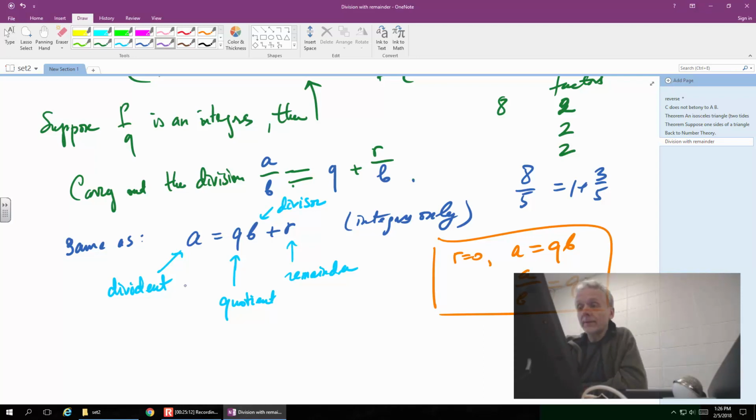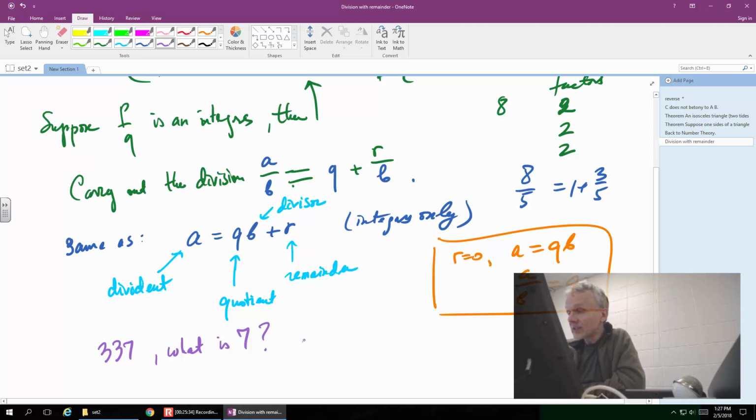If I have a number 337, what is the meaning of 7? What's the meaning of 7? 7 tenths? No, there are no tens. But yes, 7 is the remainder of division by 10.